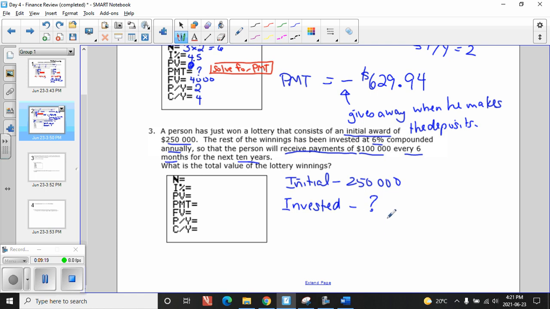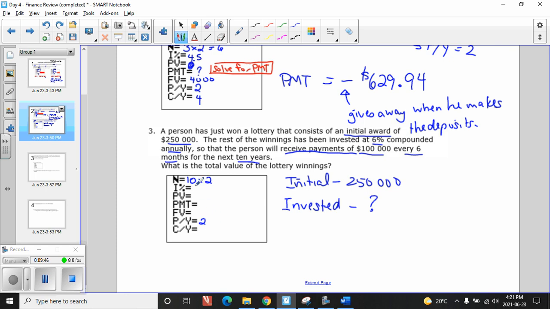It's not actually told to us in this question. So I don't know how much they put into the investment account. But I know that they're going to be receiving payments every 6 months for 10 years, collecting payments twice per year, since it says every 6 months.